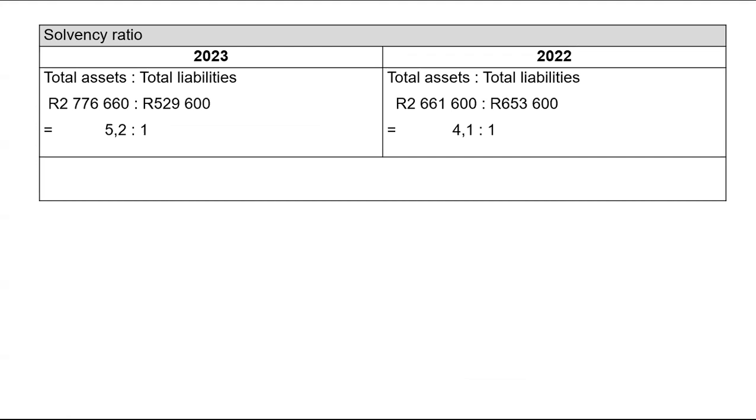Now, for me to make sure that my liabilities are expressed as one, all I did was to divide both sides of the ratio by the right-hand side of the ratio. So I took that 529,600 and divided it by 529,600, and then went to the left-hand side, which is your total assets.